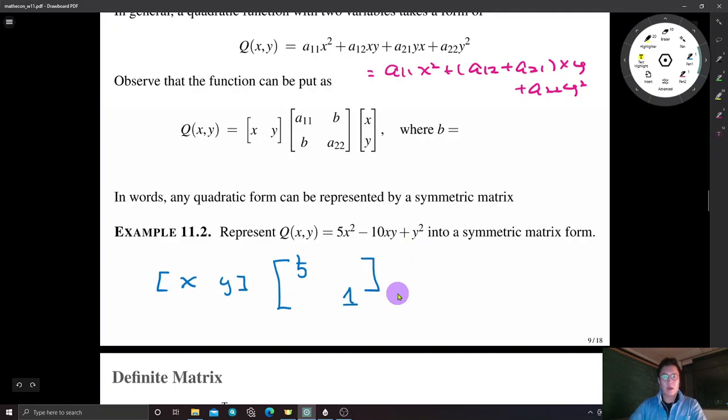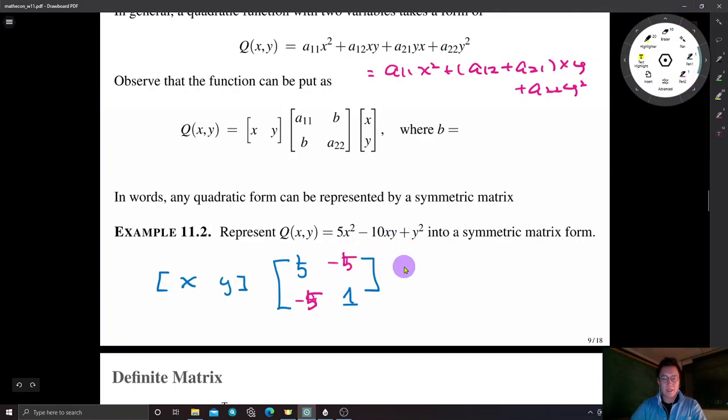Okay, and then for the off-diagonal entries, we have some degree of freedom here. We have negative 10 for xy. So we may assign negative 9 and negative 1, or negative 8 and negative 2, and vice versa, or negative 5 and negative 5. So any two entries whose sum is equal to negative 10 give us the same expression.